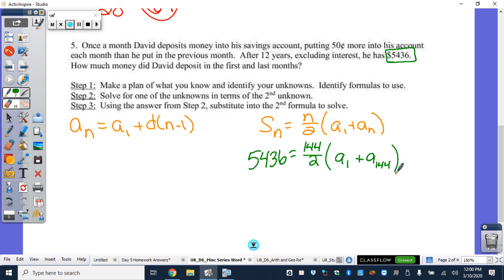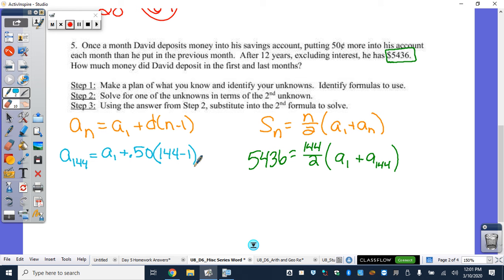So I'm going to jump over here to this one. If I were trying to figure out my 144th deposit there, I would have to take my first term. Our common difference is how much? 50 cents. And again, my n is 144.